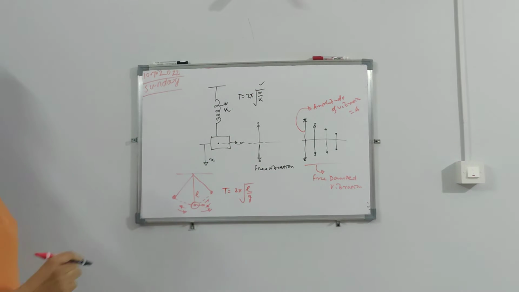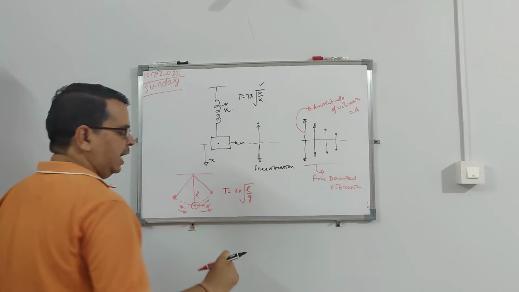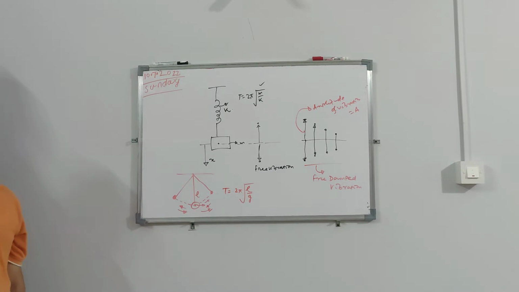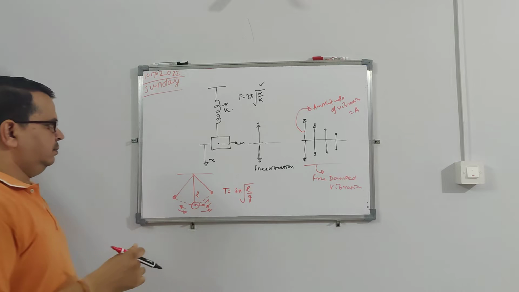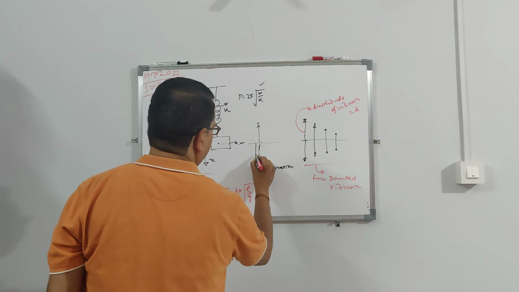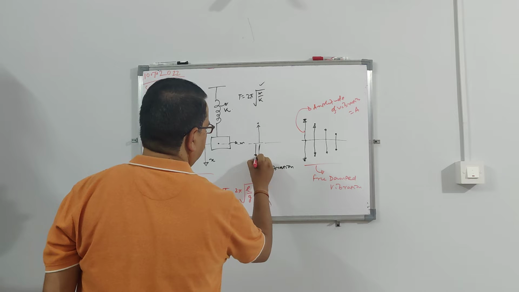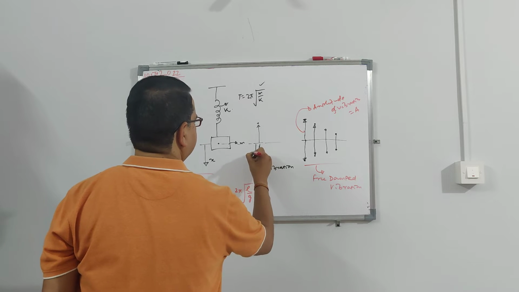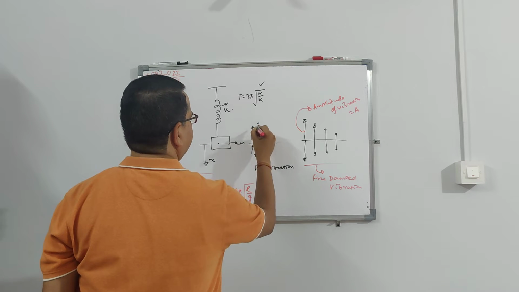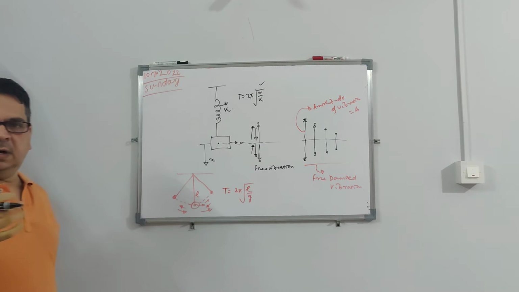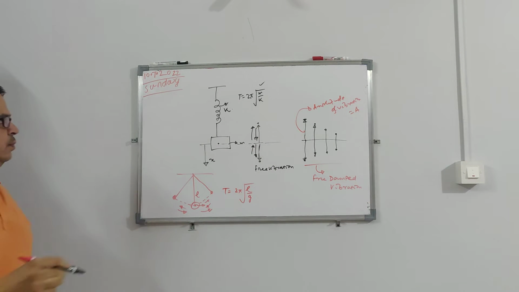Time period is the time taken to complete one cycle. One cycle means it starts from the mean position, goes to the extreme position, comes back, goes to the other extreme and comes back. That is the completion of one cycle.